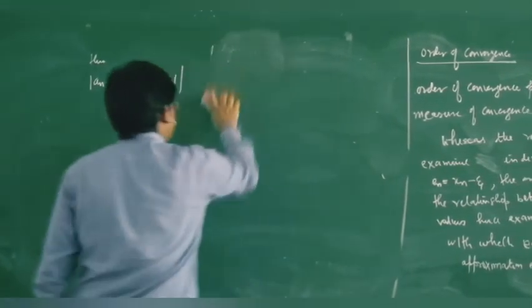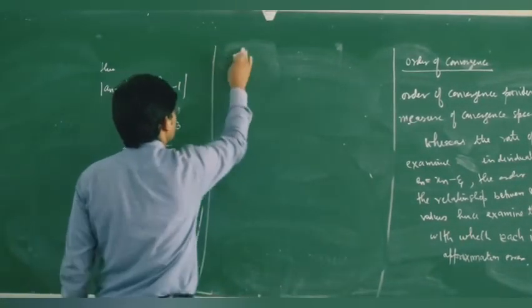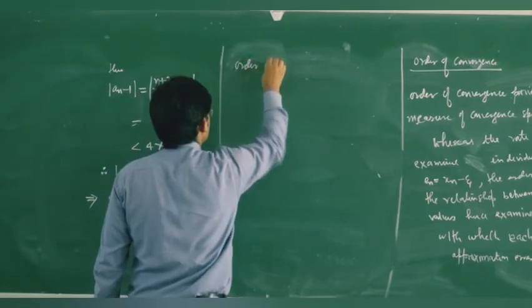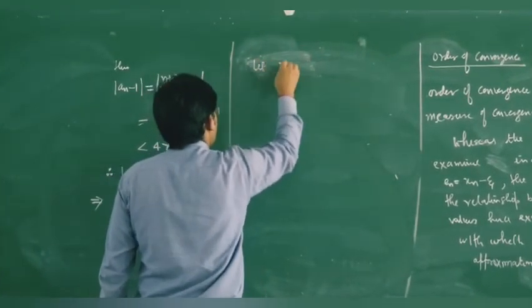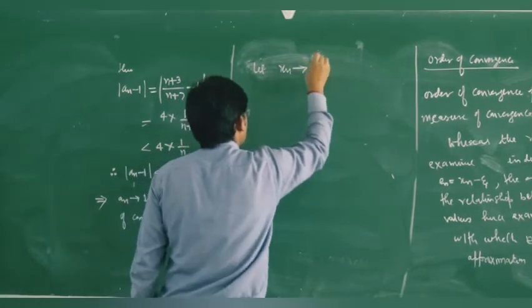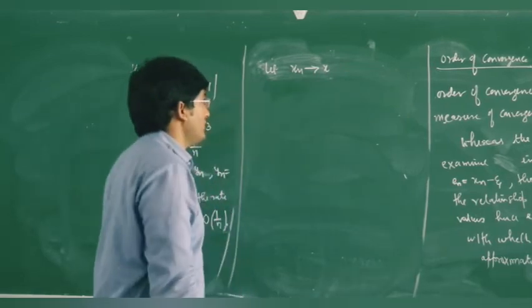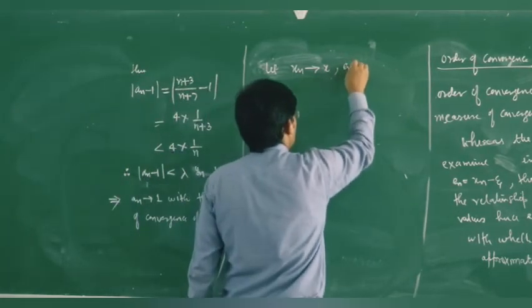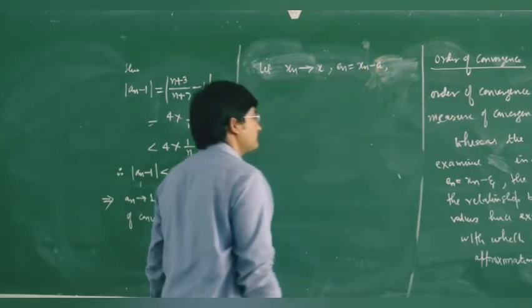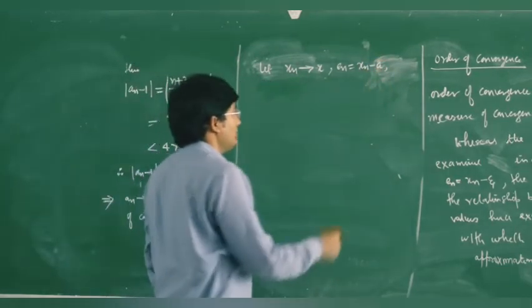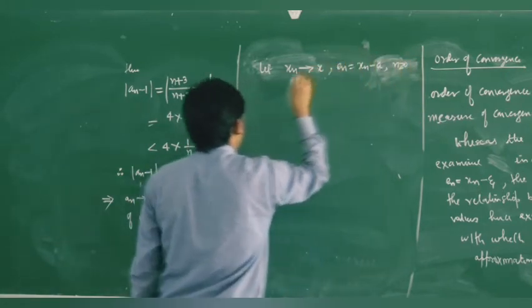Suppose that the sequence xn converges to x, and suppose that en is xn minus a, where a is the exact root, for n greater than or equal to 0.